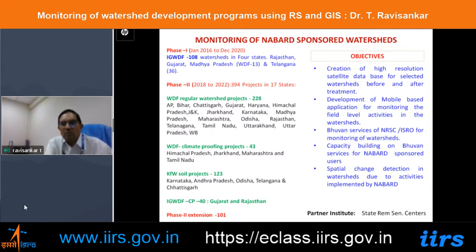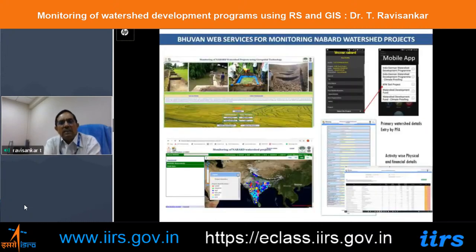Here also the same high resolution satellite data, capacity building, and the development of web portal. And this is the overall web portal of the NABARD, but the only difference is in Srishti Drishti we have 6,000 projects, whereas in the NABARD it is not more than 500 projects altogether right now what we are handling.